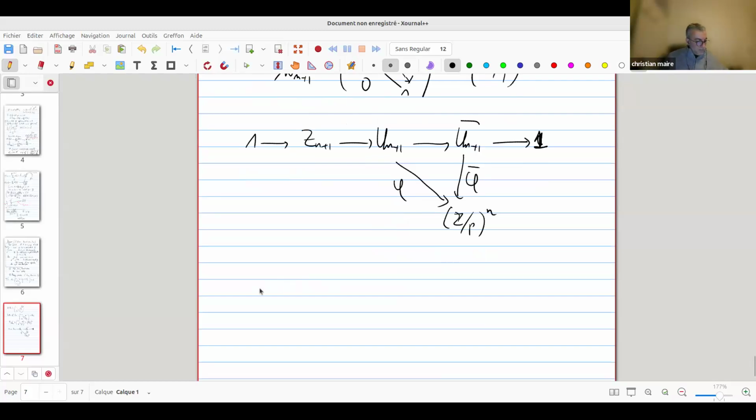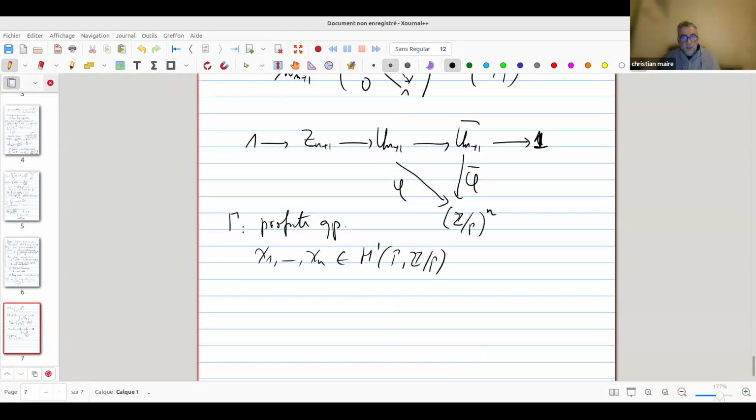Okay, and now what is the strategy, the idea? You start with a profinite group gamma. You start with elements K1, ..., Kn in H1 of gamma with values in Z mod p.